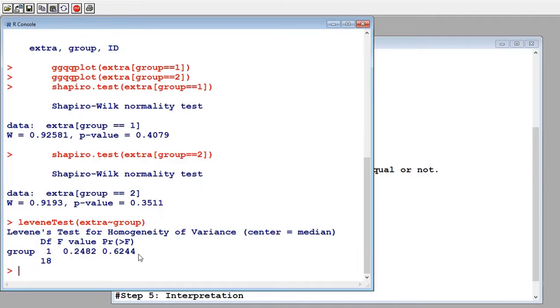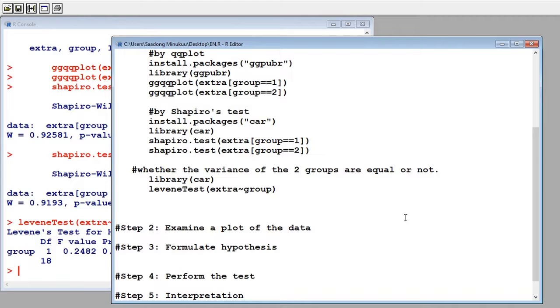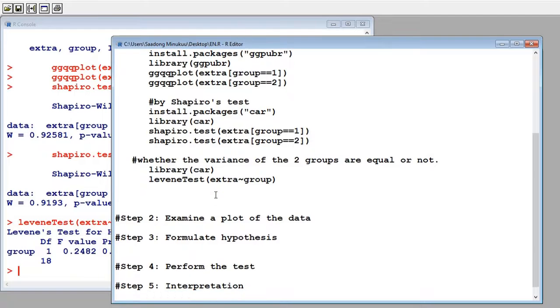Since the p-value is greater than 0.05, we cannot reject the null hypothesis, which suggests that the two groups have equal variances. Since the two groups have equal variances, we're going to perform a t-test for equal variances.